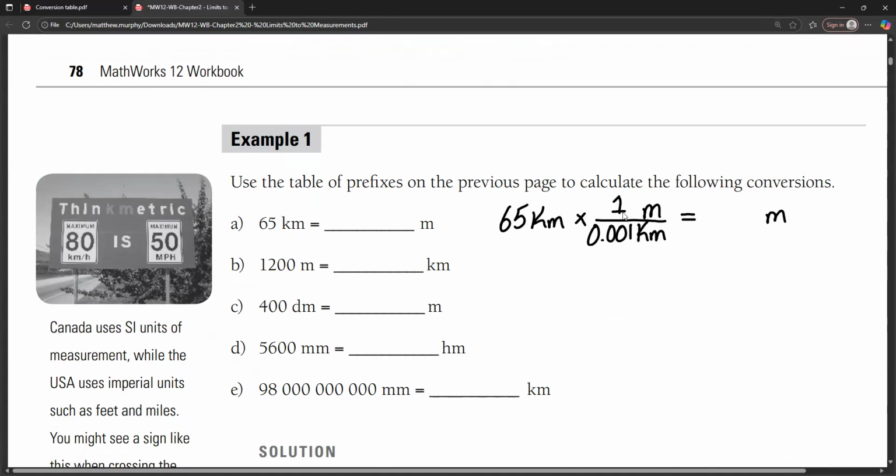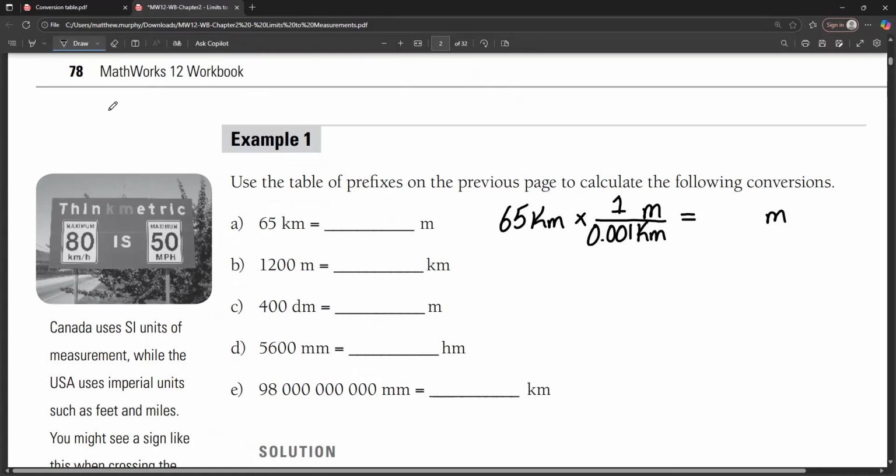You could have 1,000 meters over 1 kilometer. You can also do that. Both ways will work as long as you have it set up like this, where the one you want to get rid of, which is kilometers, is on the bottom. It doesn't matter if you use 1,000 over 1 or what I have here from the table. It does not matter. Okay?